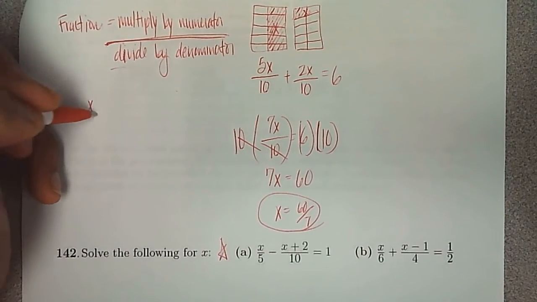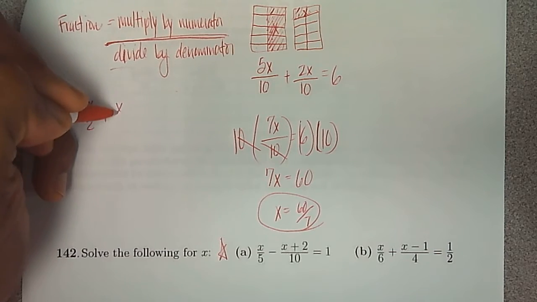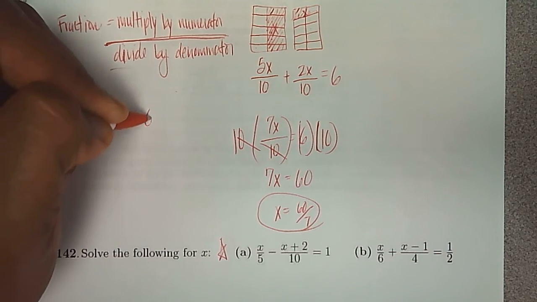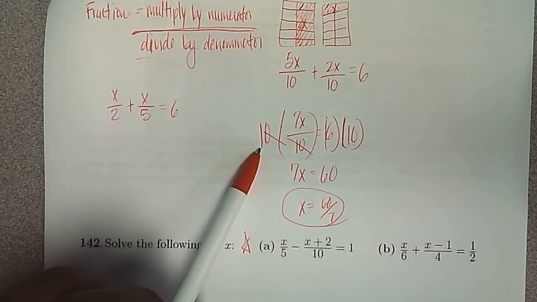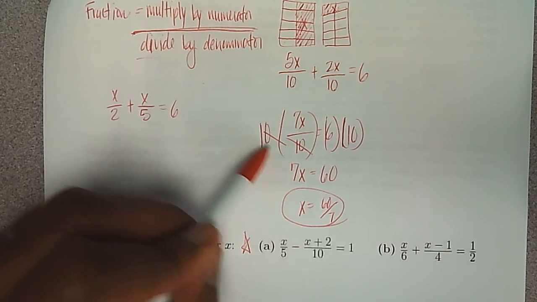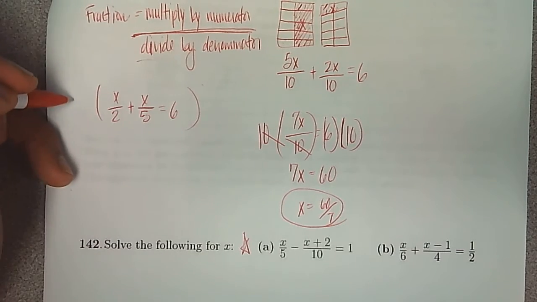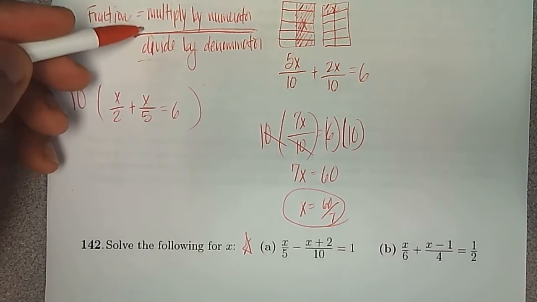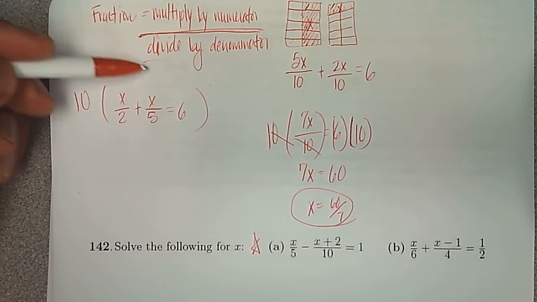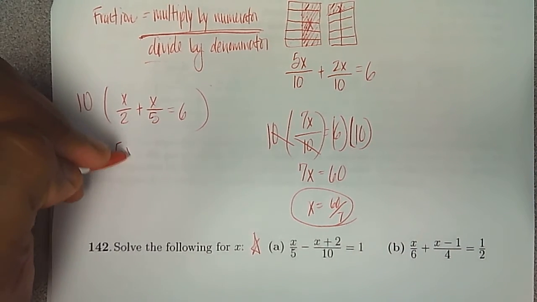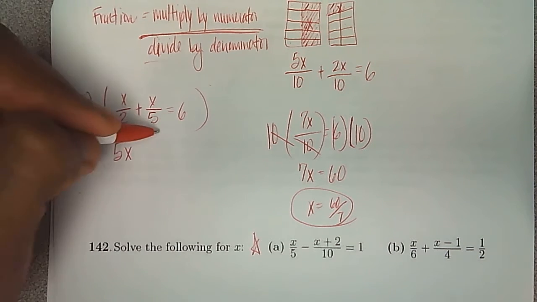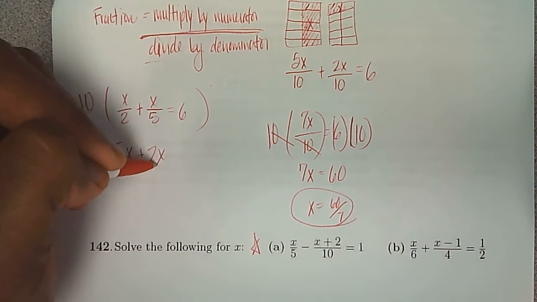Another way of dealing with this problem is to clear the fraction. To clear the fraction, you're going to do the same thing in a different way. Multiply by 10. Keeping in mind what fractions do, 10 divided by 2 gives you your 5x, and 10 divided by 5 gives you your 2x.